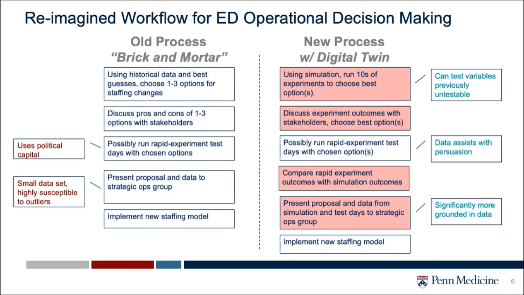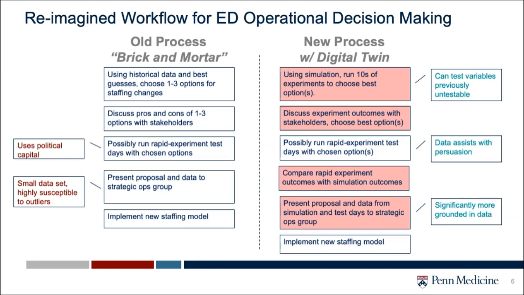The important thing here is that these rapid experiments are really a resource and political capital drain. This means changing people's schedules for a few days. This means potentially, if the change causes problems, creating very difficult days for people. And so the process of convincing people that this is the right thing to do is a drain on multiple resources. Then, after those rapid experiments, they would present a proposal and data to the strategic ops group.